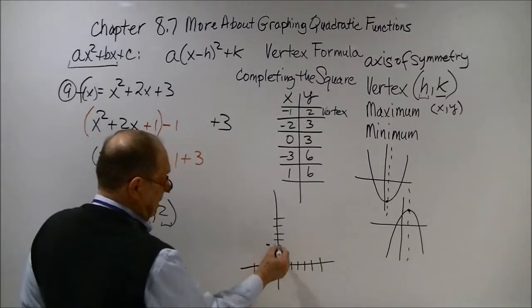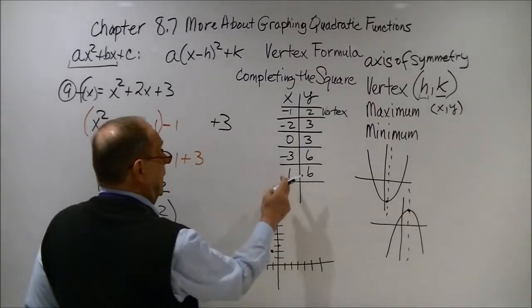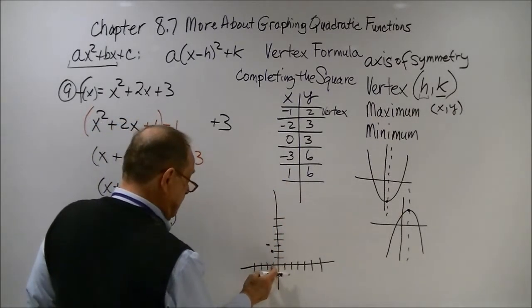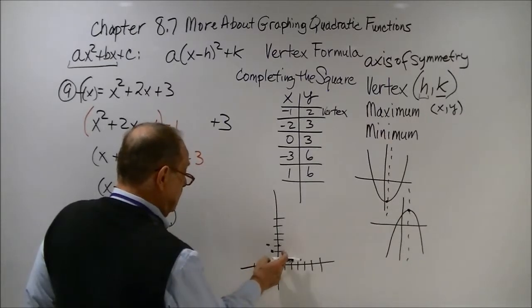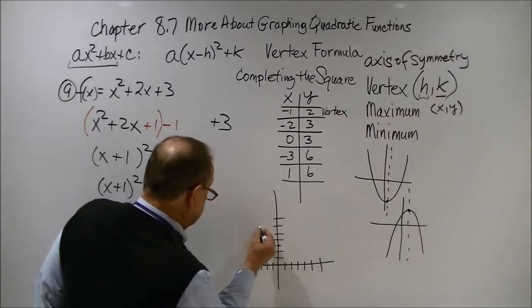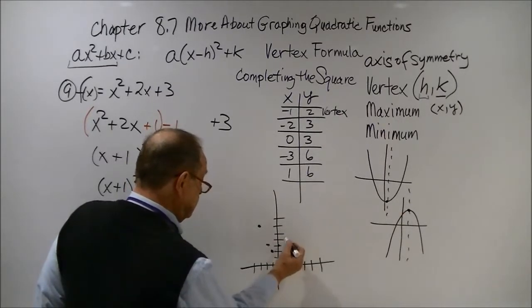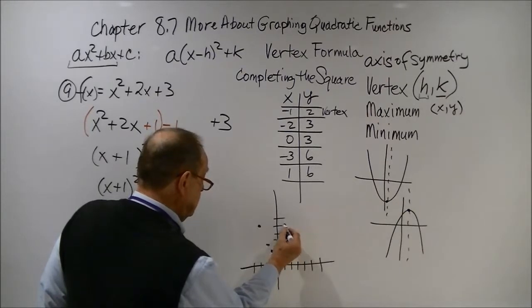And you can see I'm starting to get my curve there. Negative 3, 6. So negative 3, and then 1, 2, 3, 4, 5, 6 up here. And then a 1, 6 up there.